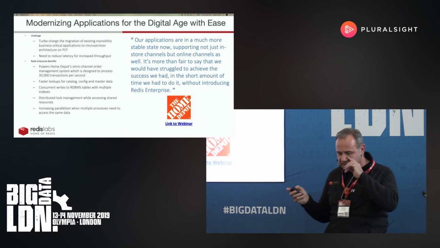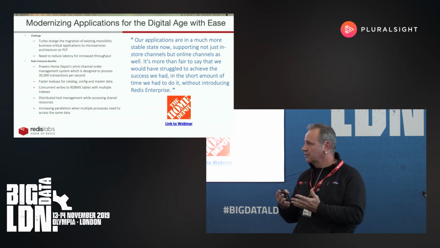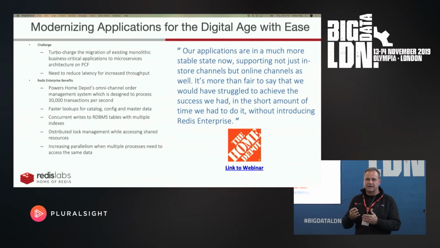And Home Depot, these guys are really cool. They use a lot of our data structures for a lot of different things, geospatial being one of them, and I talked about dynamic inventory and that capability they're driving there, all in real time. So the customer is assured the delivery, that the product is where it says it is, either in store or will be delivered at a date in time.